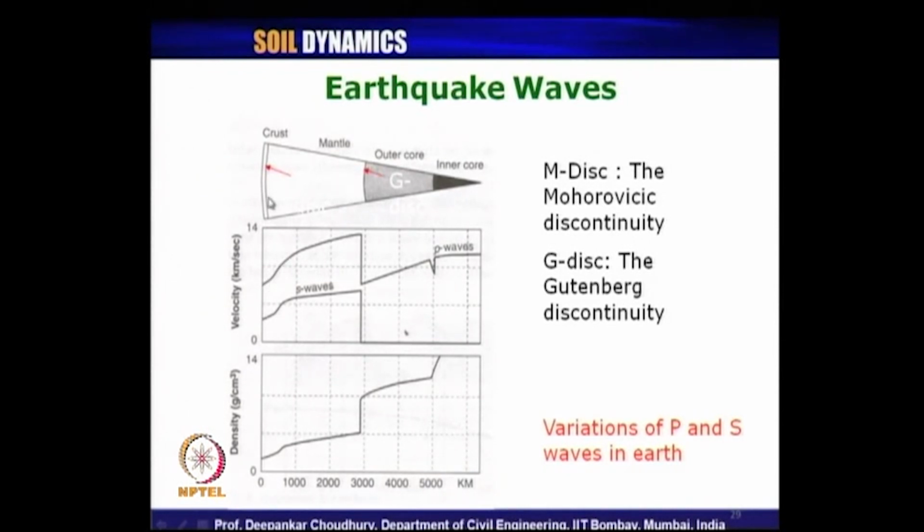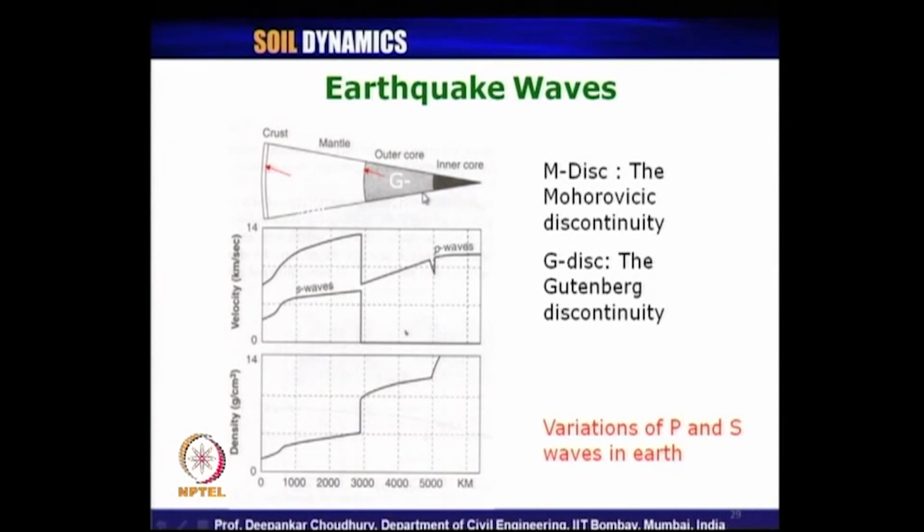As it goes deeper, the medium is stiffer or heavier, so its velocity increases. When it comes to the Gutenberg discontinuity, it drops, because now it is a liquid or molten fluid state, so velocity will obviously be much lower than in the solid state. So, it drastically comes down.